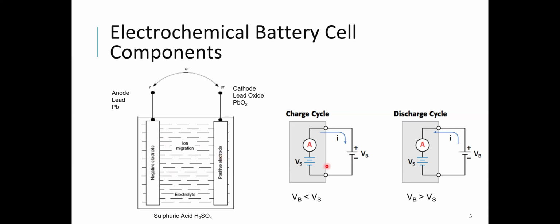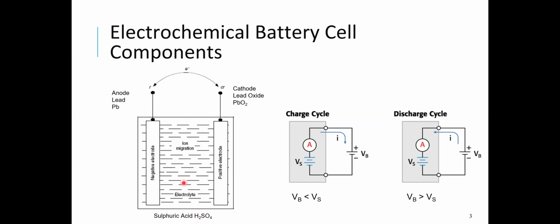So with an understanding of the components of a battery, again, positive and negative electrode, cathode, anode, electrolyte, and separator, those are the key components.